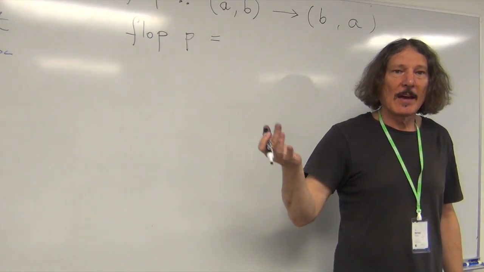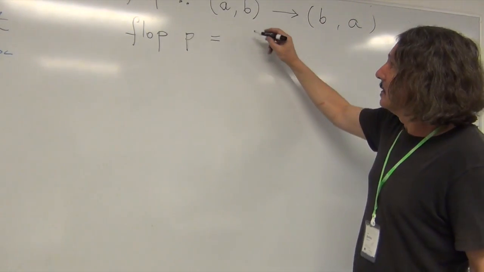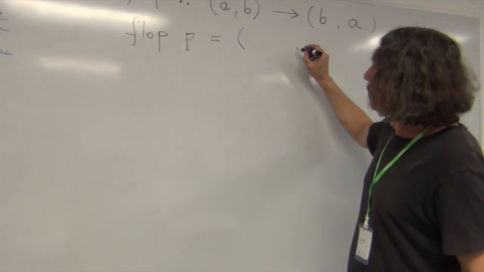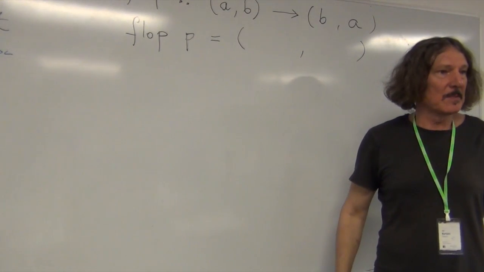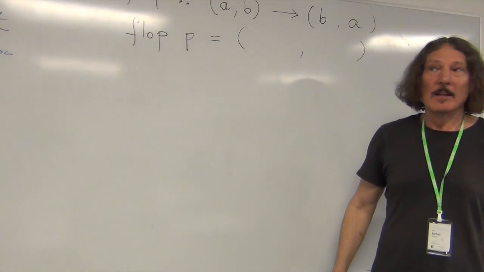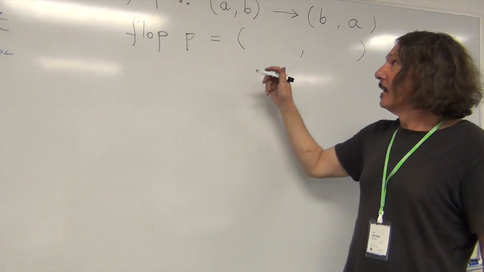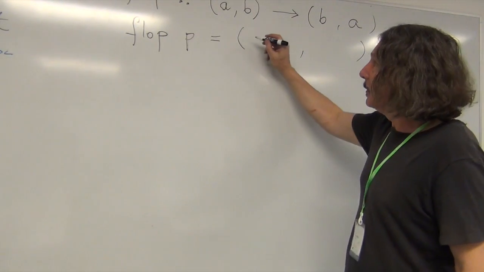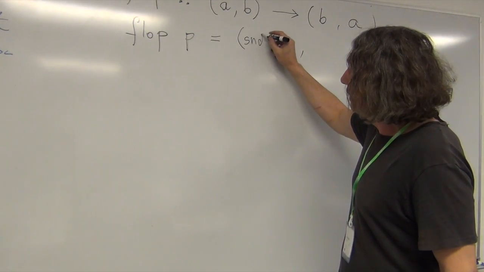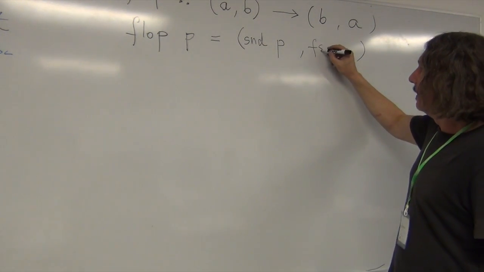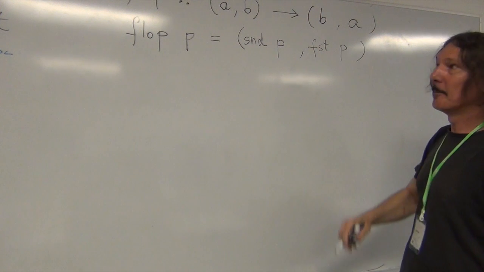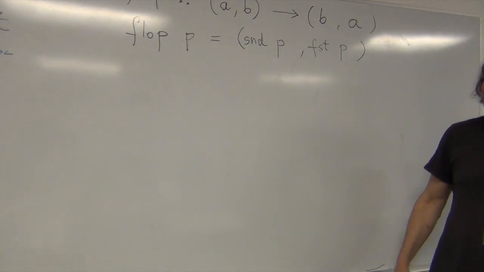It has to create a pair. What should the first component of this pair be? The second component of P. So to get the second component of P, we call the function snd of P. And here we call the function fst of P. And that's it.